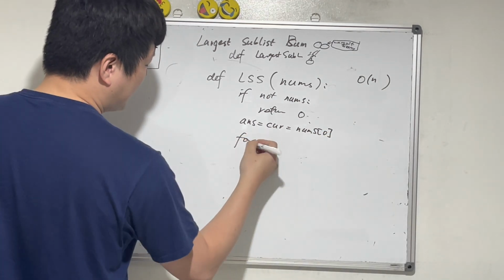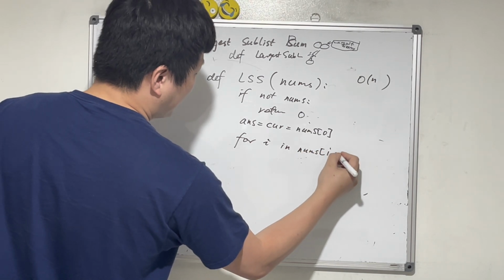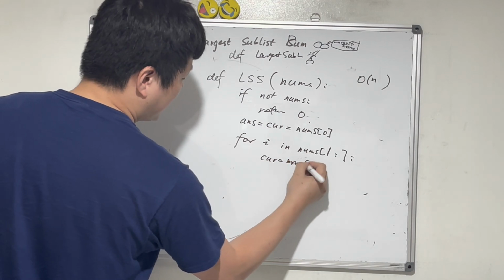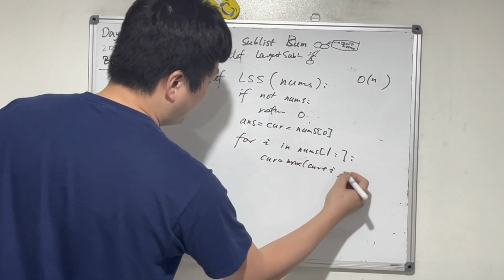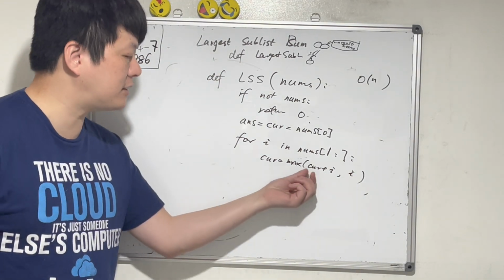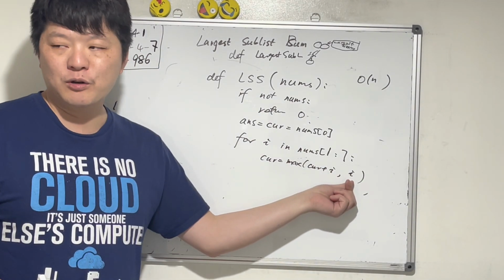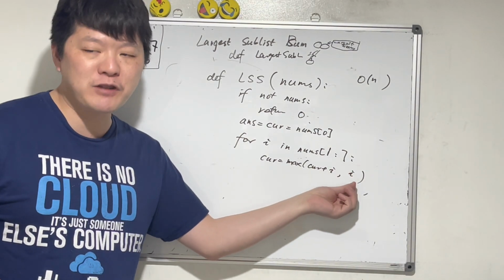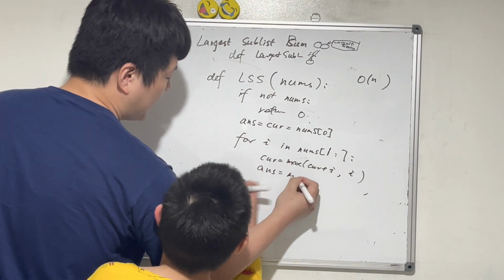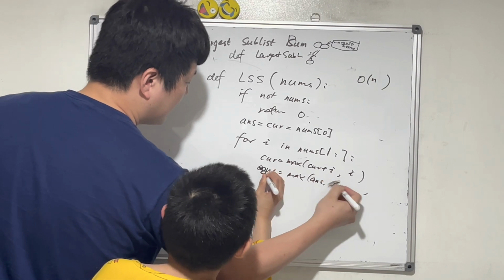Then we start from the second number: for i in nums, from 1 to the end, current equals the maximum of current plus i, or i. So this is basically saying, let's try two possibilities. One is to include this number in the largest sublist sum, or we start a new list with a single number, the current number, okay? And then answer equals the maximum of answer and current.